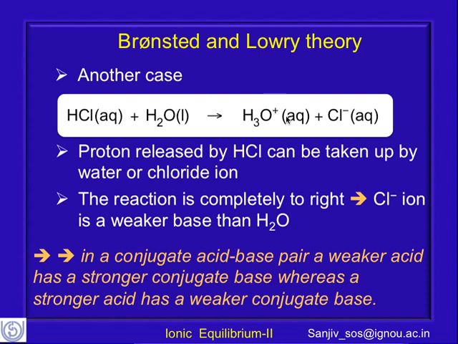Essentially, in a conjugate acid-base pair, if the acid happens to be stronger, the conjugate base will be weaker, and if the acid happens to be weak, the conjugate base will be stronger. That is a very important aspect of the Brønsted-Lowry theory about acids and bases.